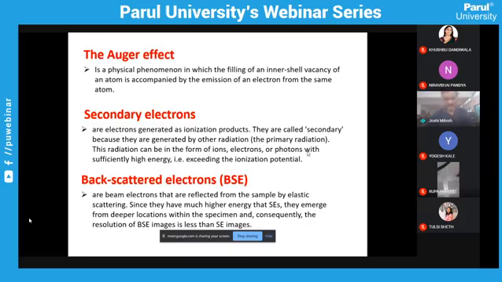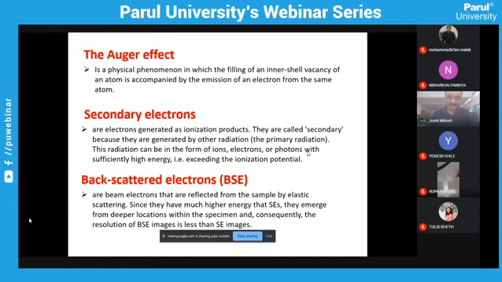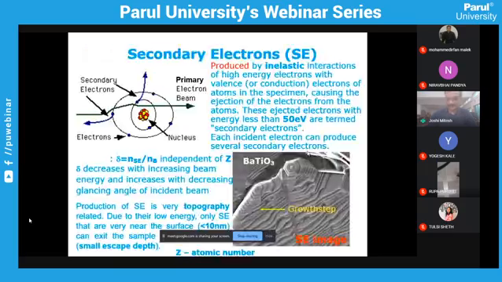Since they have much higher energy than the secondary electrons, they emerge from deep inside the sample. So when you want to look deeper inside the material, you should use backscattered spectroscopy. This is secondary electron spectroscopy, as I discussed earlier.